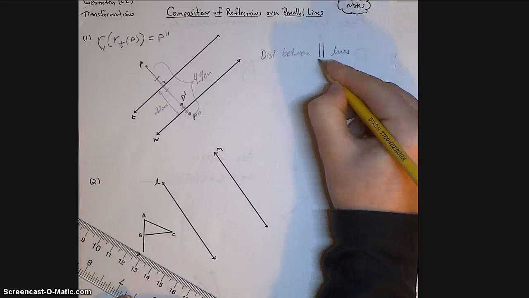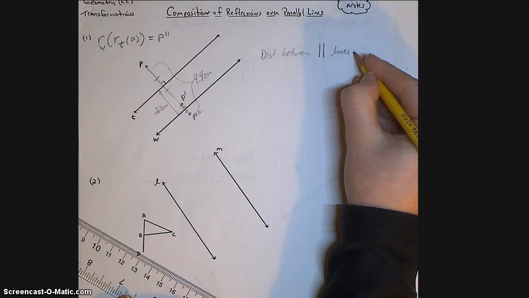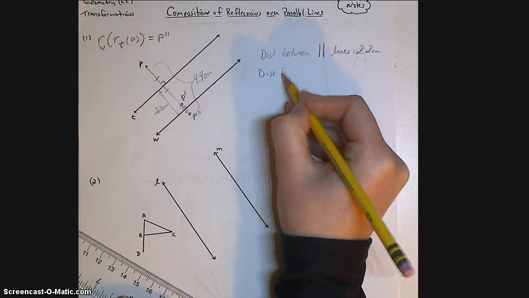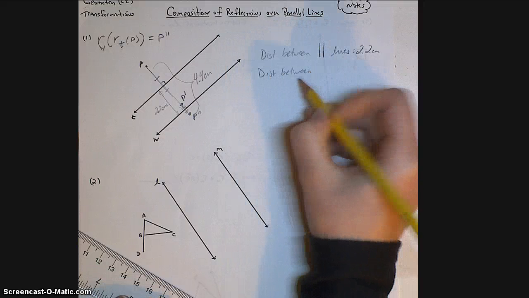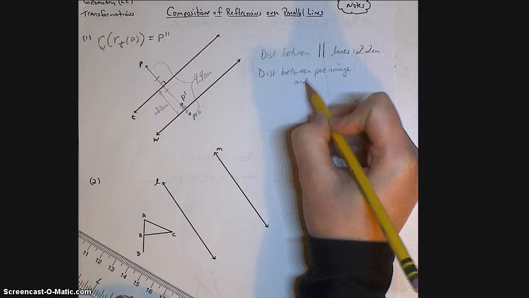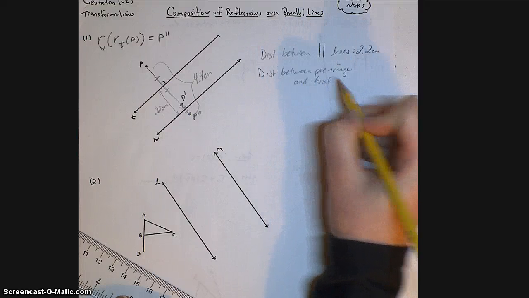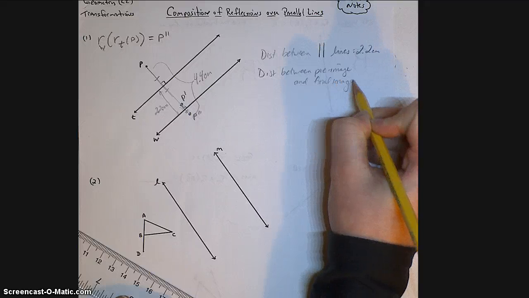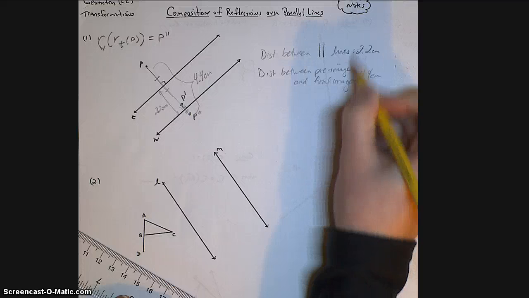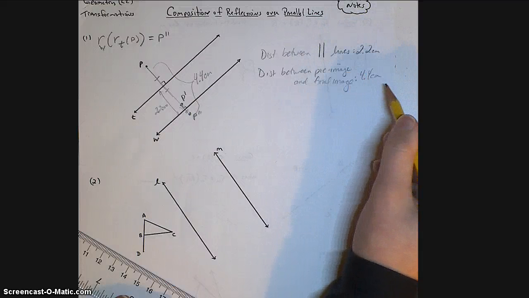Okay, let's compare the distance between the parallel lines. And this symbol means parallel right here, was 2.2 centimeters. And the distance between our pre-image and final image was 4.4 centimeters. What do we notice between these numbers?